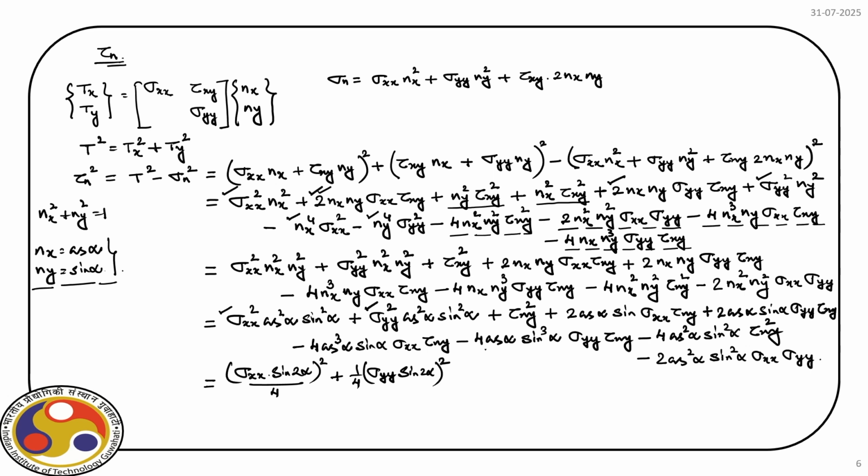Then we will consider this term here. So, we have minus half, we have here sigma xx sigma yy and then sine square 2 alpha, right.